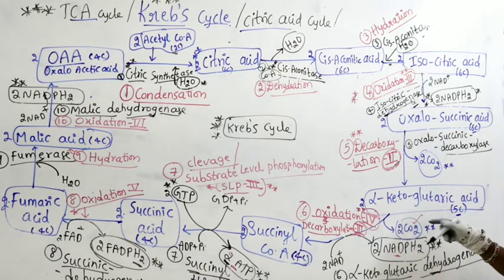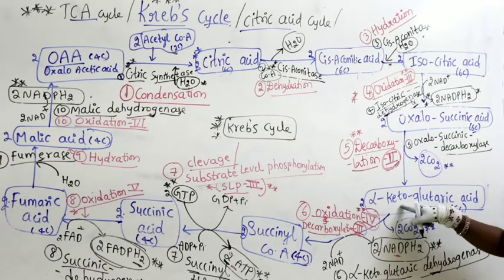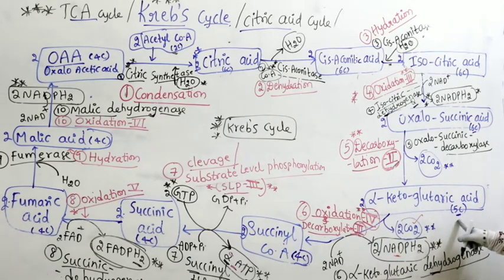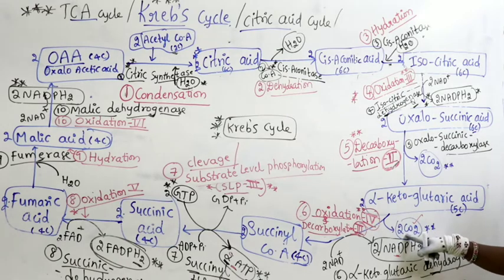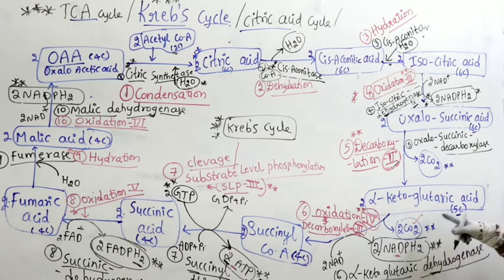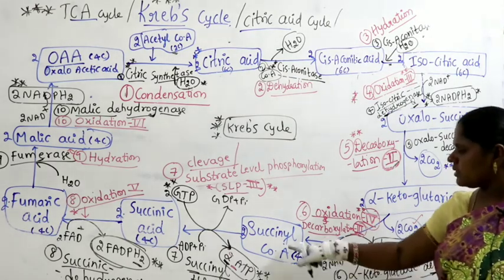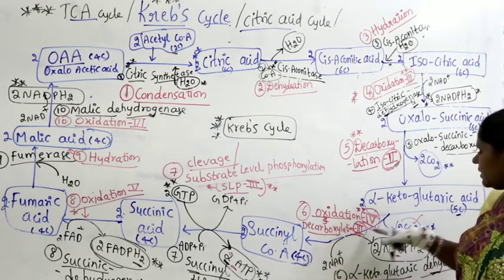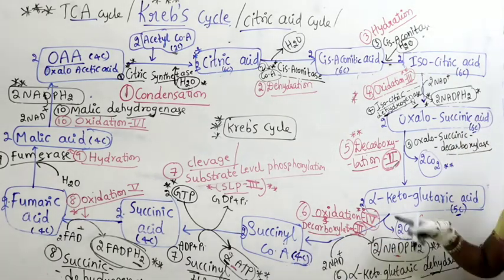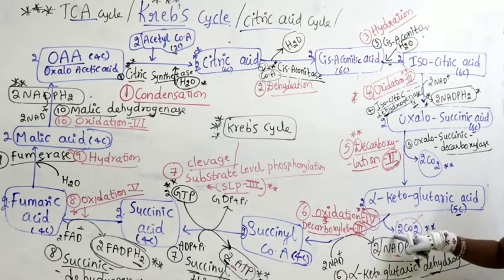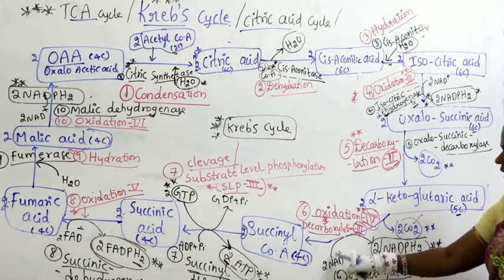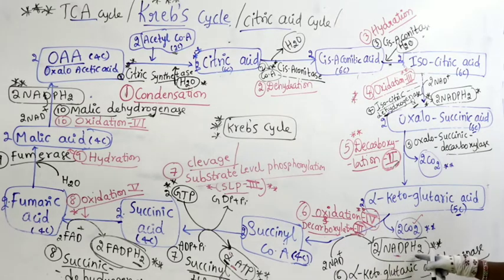Now apart from this, alpha ketoglutaric acid having 5 carbons. From each compound further there is a release of carbon dioxide. So 5 carbons becomes a 4 carbon compound succinyl-CoA by the release of carbon dioxide. 2 molecules are there, so there is release of 2 molecules. Here NAD plus reduced to form NADH2.